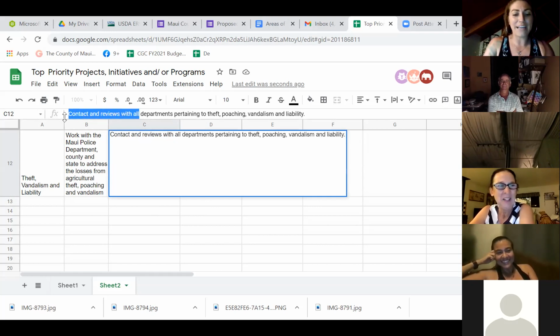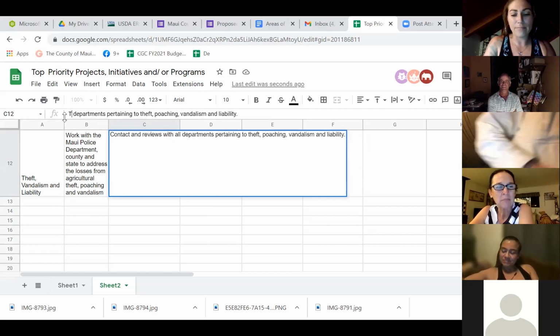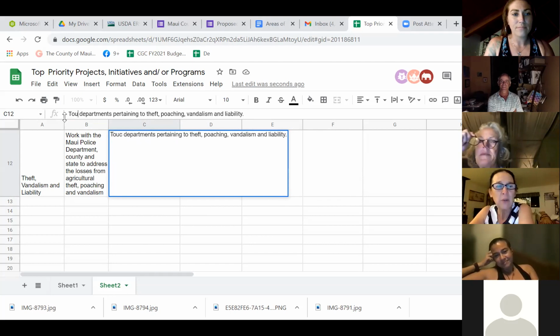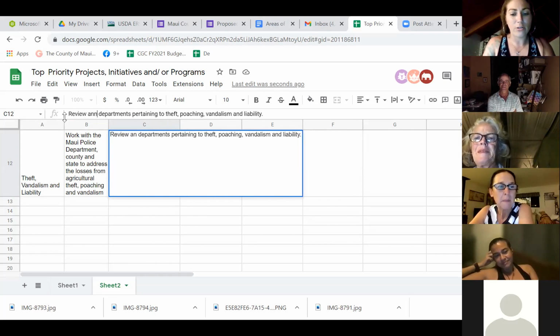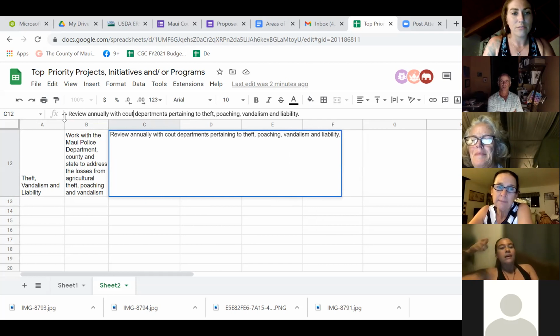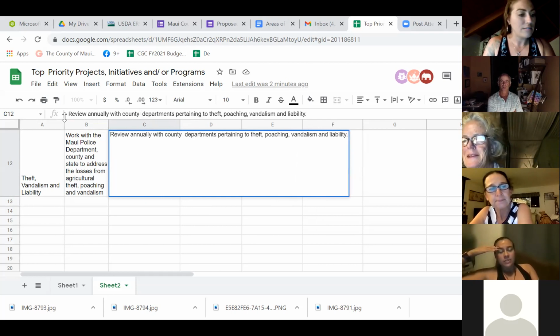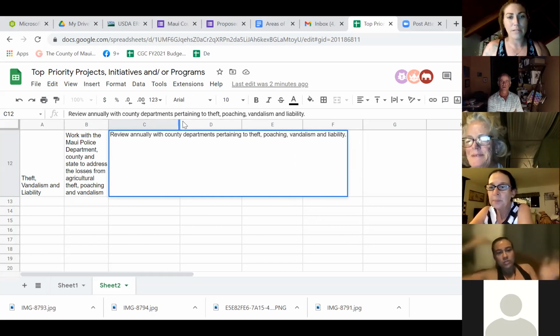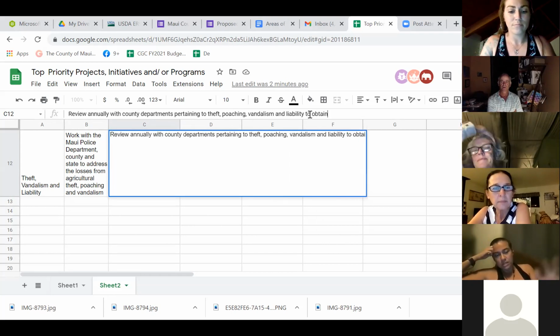Okay, I'm gonna say touch base or review annually, because we got a new police chief. That's what we were thinking too: when there's turnover or different appointments, it would be good to just reiterate with different departments.